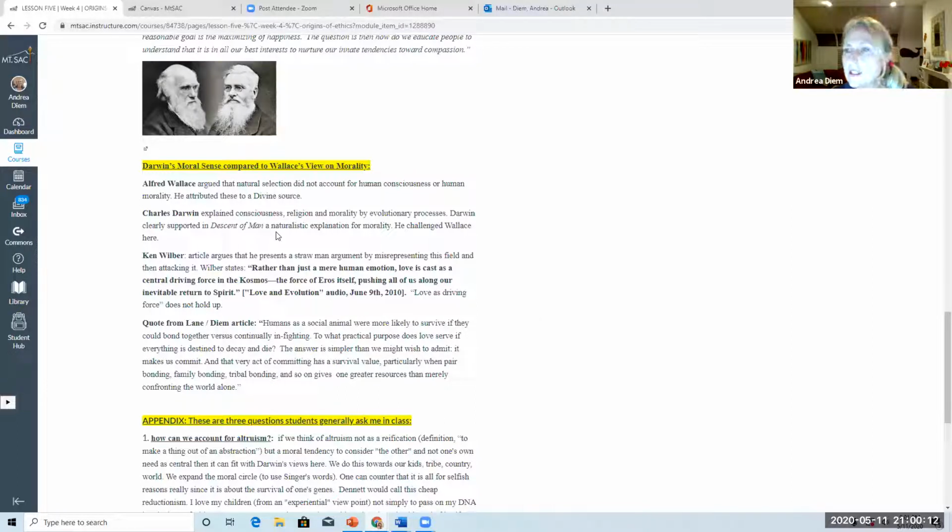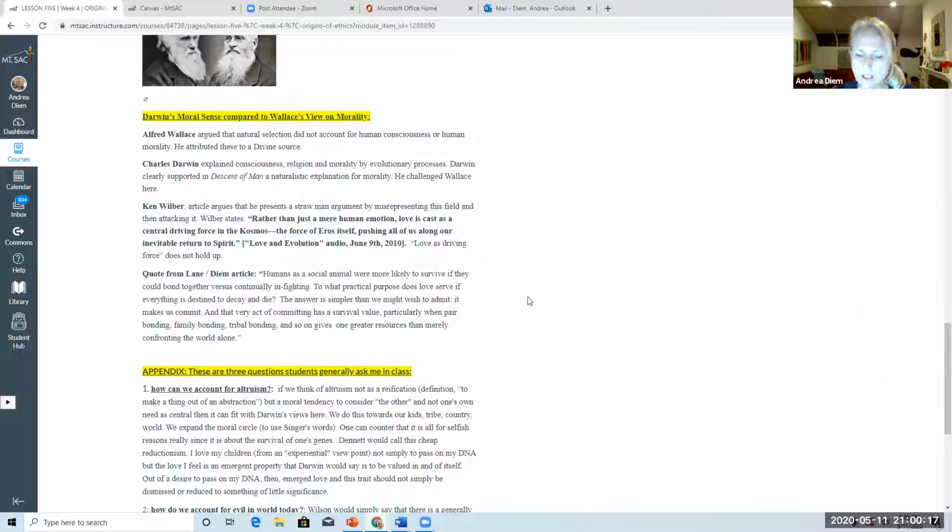He gives a naturalistic explanation for morality, grounding a moral explanation, as I said, this is kind of a repeat, in our evolutionary background: that we have love, we have compassion, we have the ability to step into the shoes of the other and feel sympathy and empathy, and so on, because of our evolutionary background.